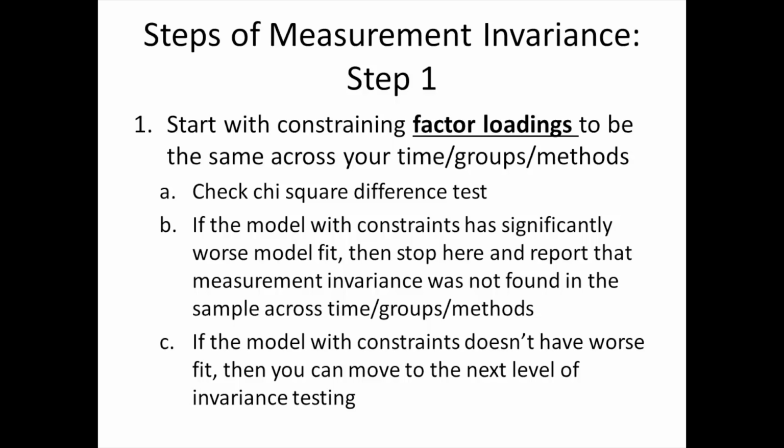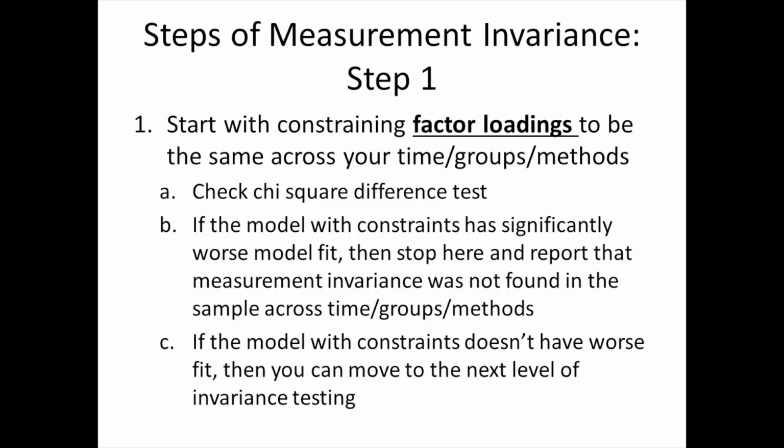Now, if you constrain factor loadings to be equal, and you do this chi-square difference test to see if the model fit gets worse or not, if it doesn't get statistically worse when you impose those constraints, then you can move on and test the intercepts. However, if it does get worse, so you can't constrain factor loadings, then you stop right there, and you don't go on to test any other aspects of invariance.